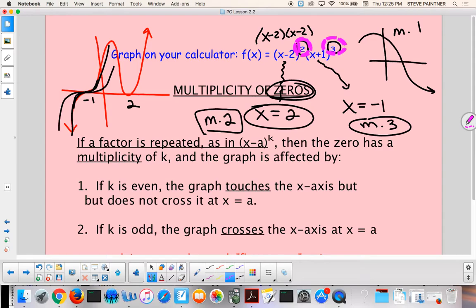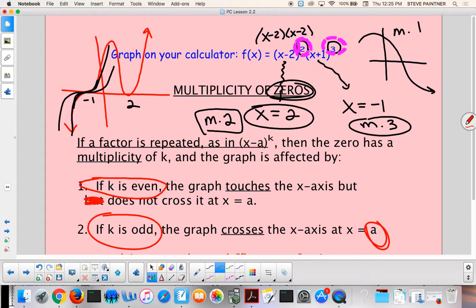And the graph is affected: if k is even, the graph touches the x-axis, but does not cross it at a. It doesn't cross, it bounces. If k is odd, the graph crosses the x-axis at x equals a. It crosses, but the higher the multiplicity, it crosses slowly.